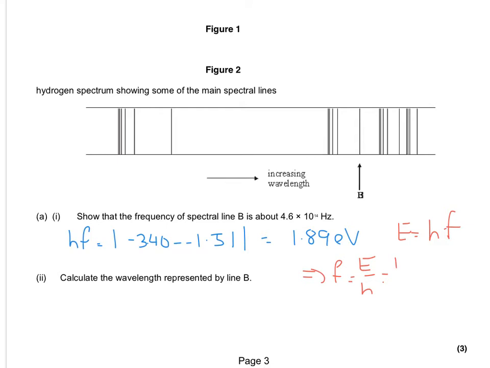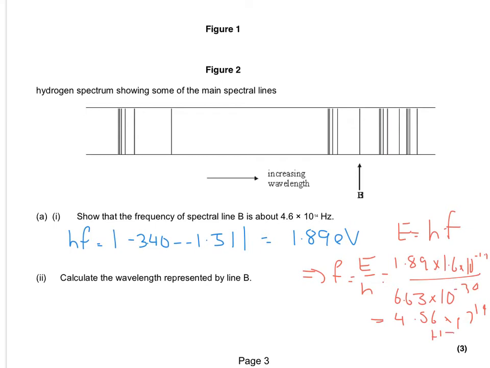So let's take your energy, you need to times it by 1.6 times 10 to the minus 19, and then divide that by Planck's constant, so our 6.63 times 10 to the minus 34, and that comes out as 4.56 times 10 to the 14, which is approximately 4.6 times 10 to the 14, which is what we were looking for.